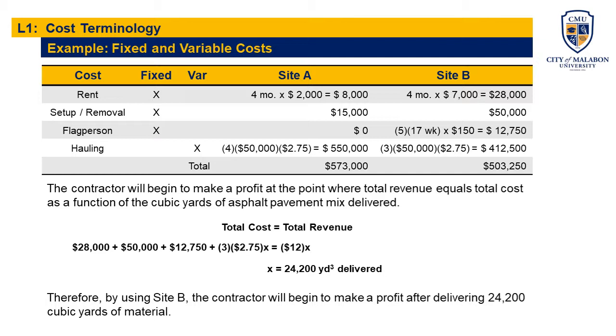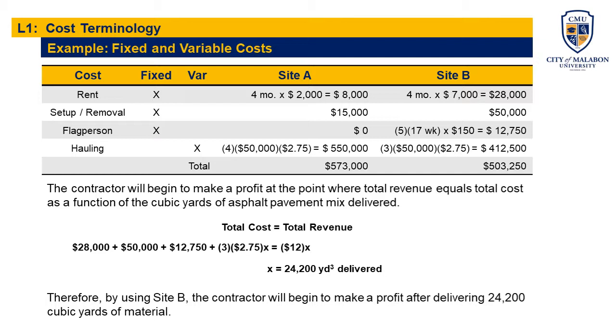So total cost will be $28,000 plus $50,000 plus 12,750 plus 3 times 2.75 times the cubic yards of material, which is equal to $12 paid to the contractor times the volume of materials delivered.